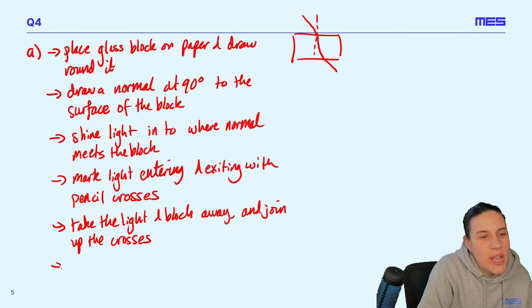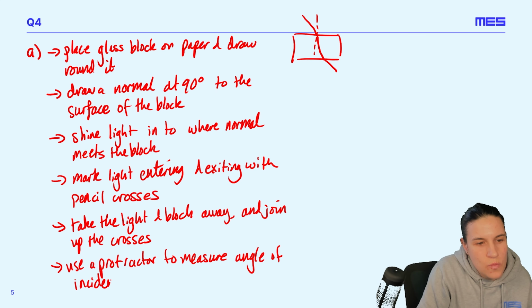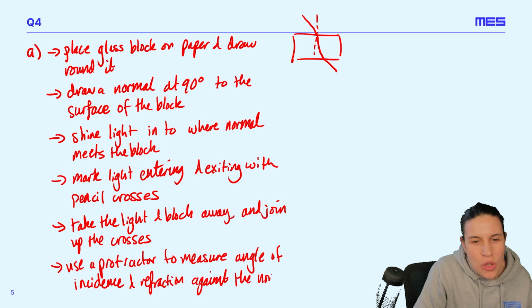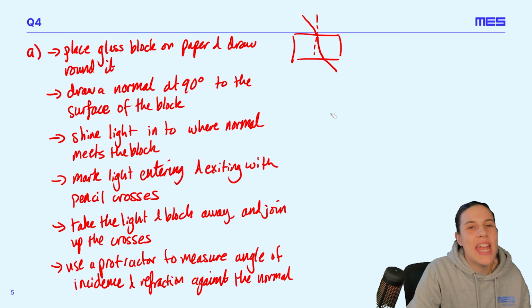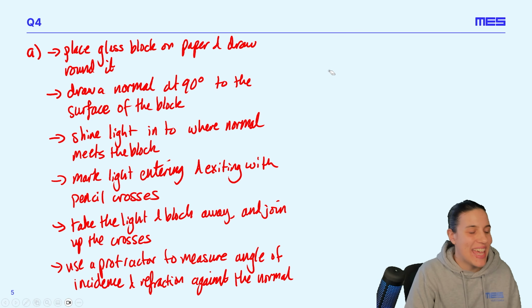And then we can simply use a protractor to measure the angle of incidence and refraction against the normal. Any 5 of those points will get you your mark here.